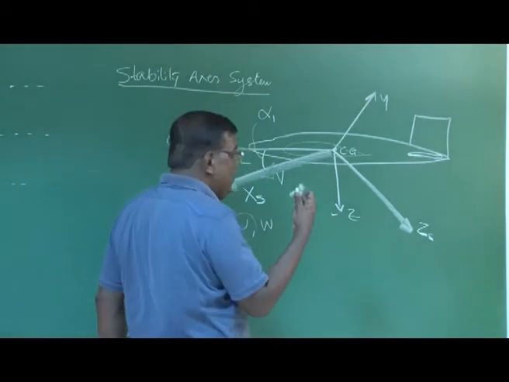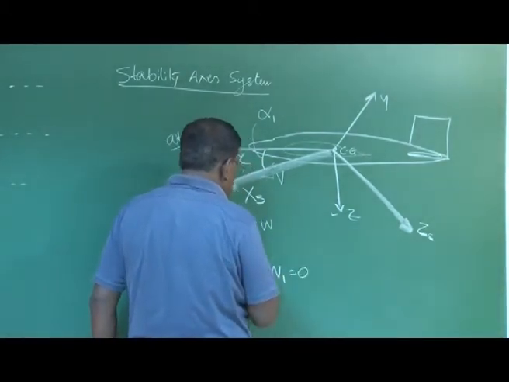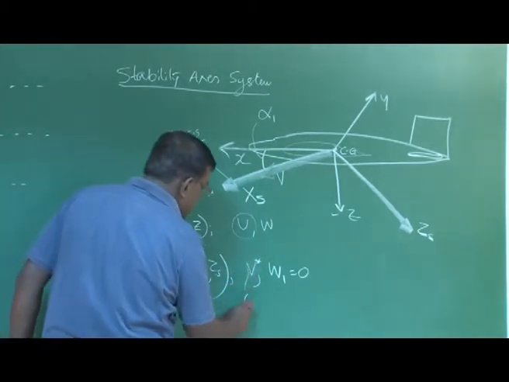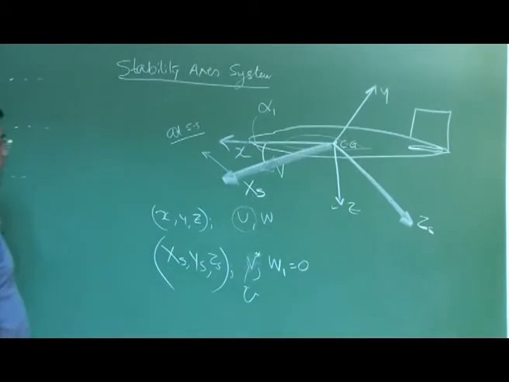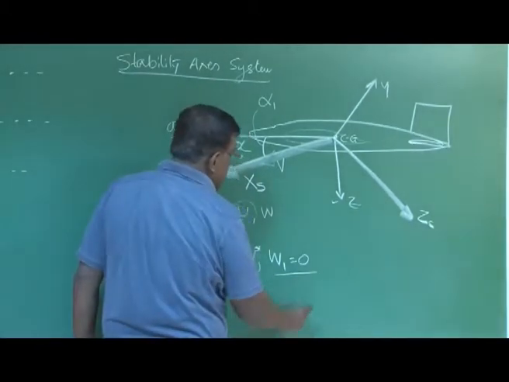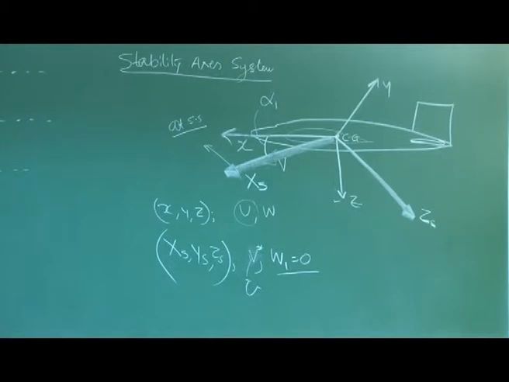So along zs there won't be any component, so we say w1 equals 0. And this V is the total velocity, which is nothing but u1 along the stability axis system. So the advantage we get is that w1 is 0 when I am using xs, ys, zs.